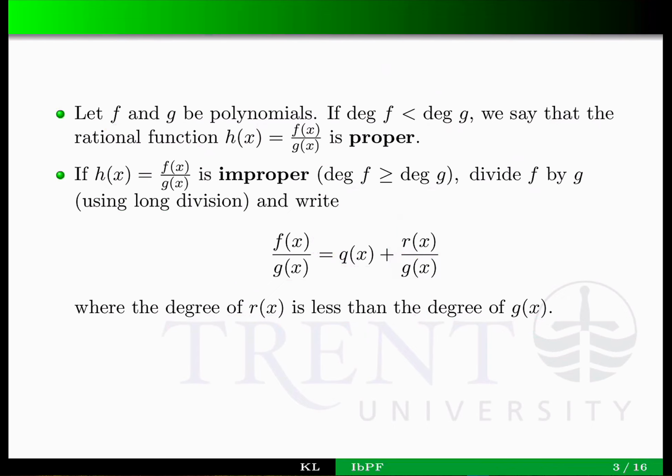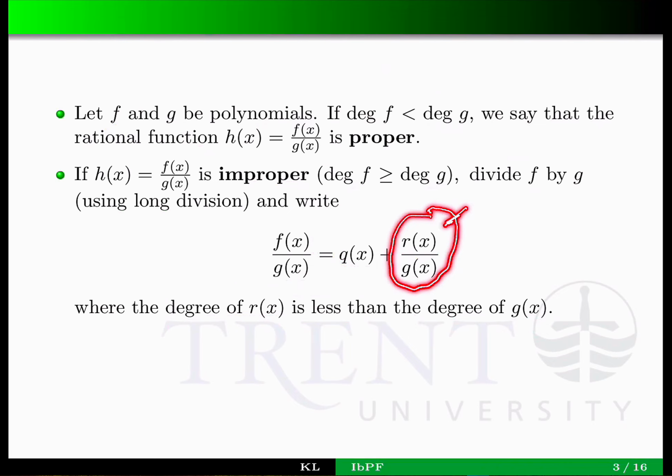Now, the point that I want to make here is that if we got an improper rational expression, we do this long division in order to write it this way. And we always end up with a proper rational expression. Or maybe this part here is equal to 0.